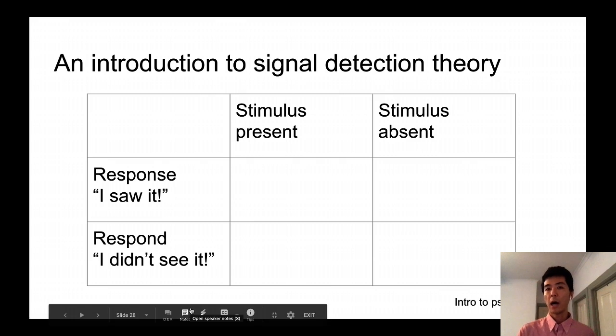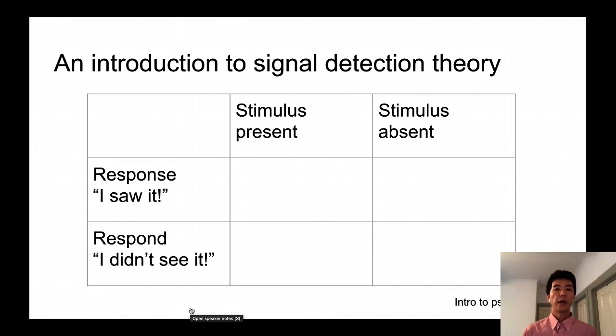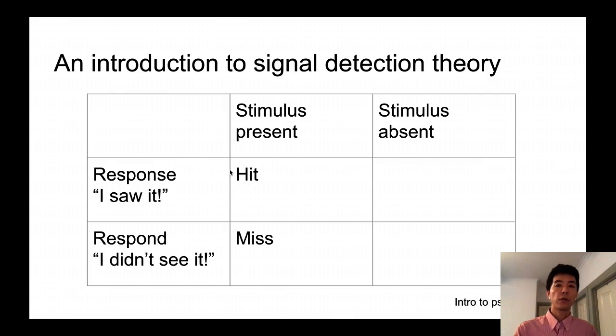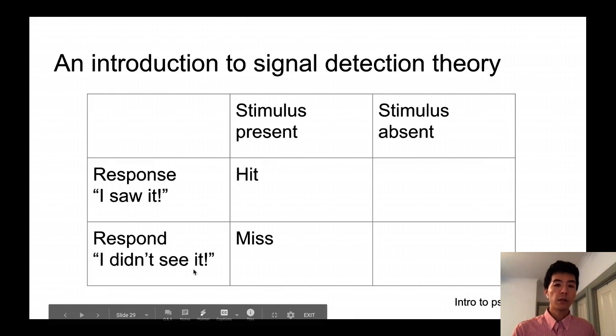Let's say you first categorize this response into two categories. And then signal detection theory names these types of categories of the response under the stimulus present condition. When the stimulus is present and the subject said, oh, I saw it, you call it a hit. And if not, then miss. The stimulus was missed.